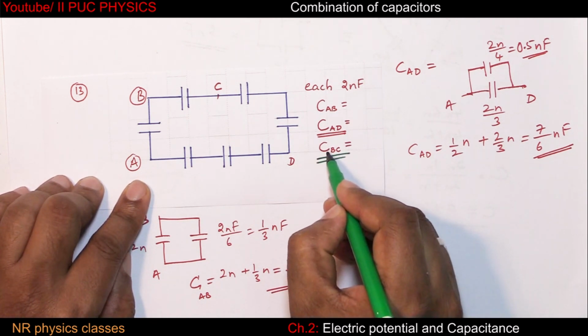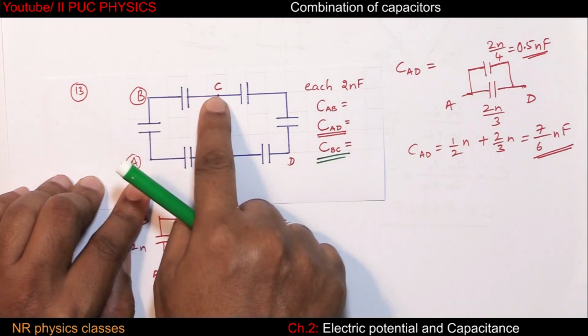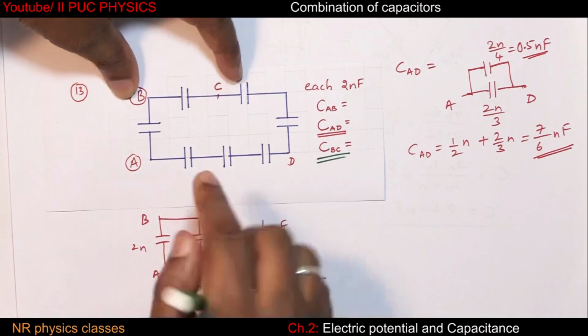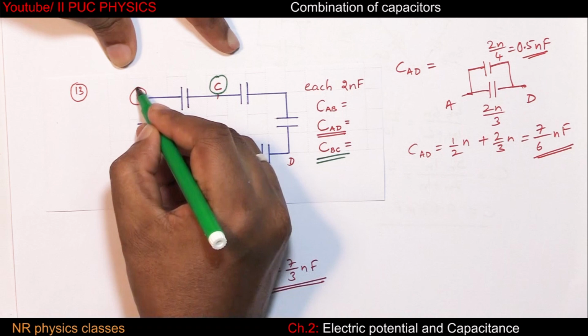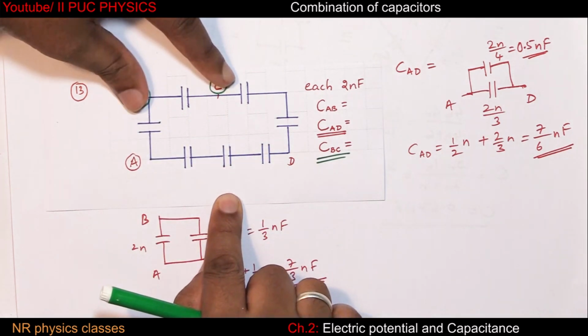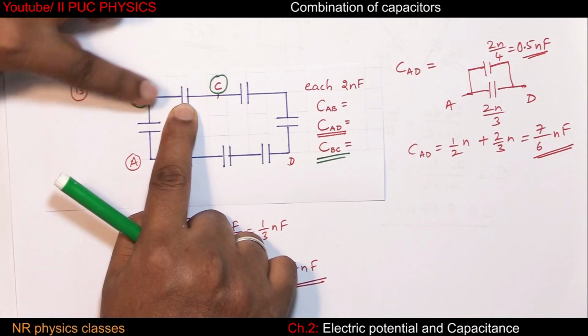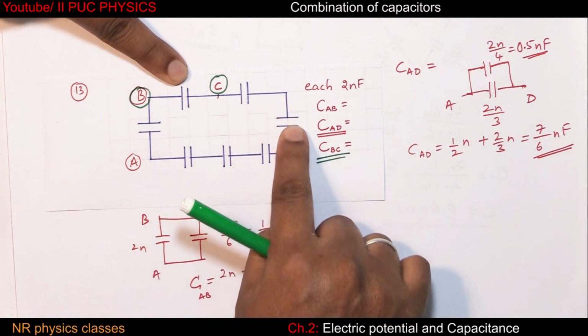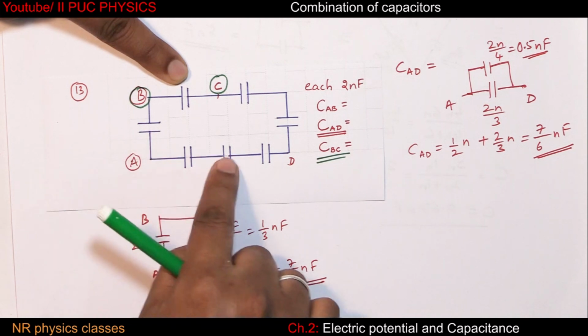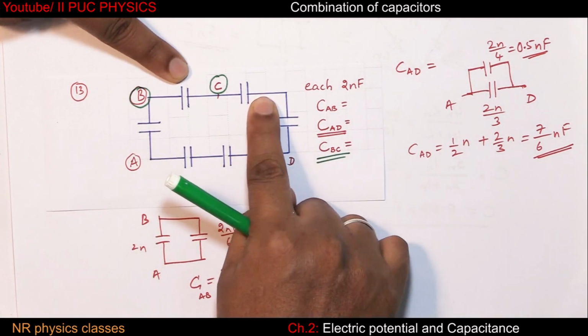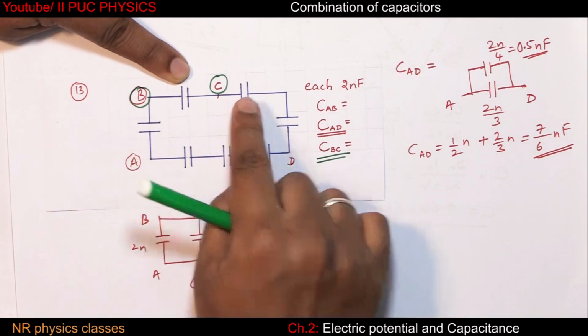Similarly, CBC. B is here, C is here. Between B and C, there is this capacitor. And also, these capacitors in series. 1, 2, 3, 4, 5, 6. Therefore, BC.